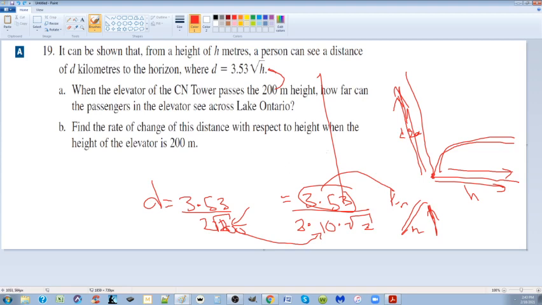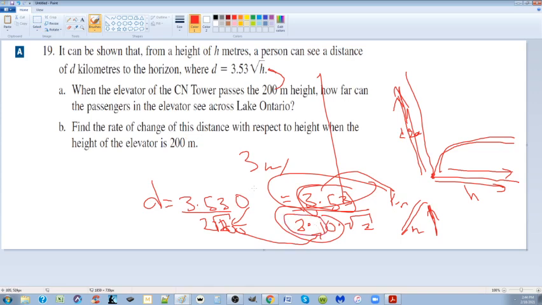All divided by 30, so it's actually going to be quite small. Since height is given in meters, you should convert the kilometers to meters: 3,530.